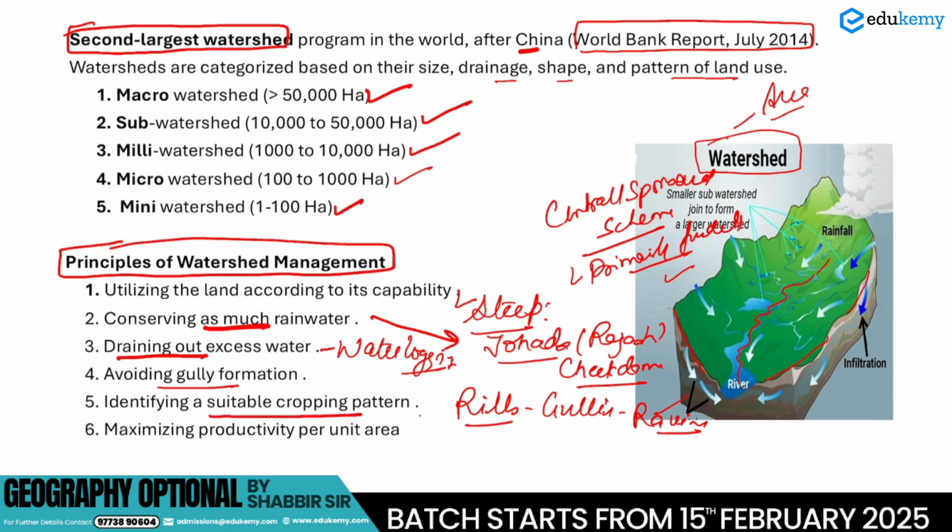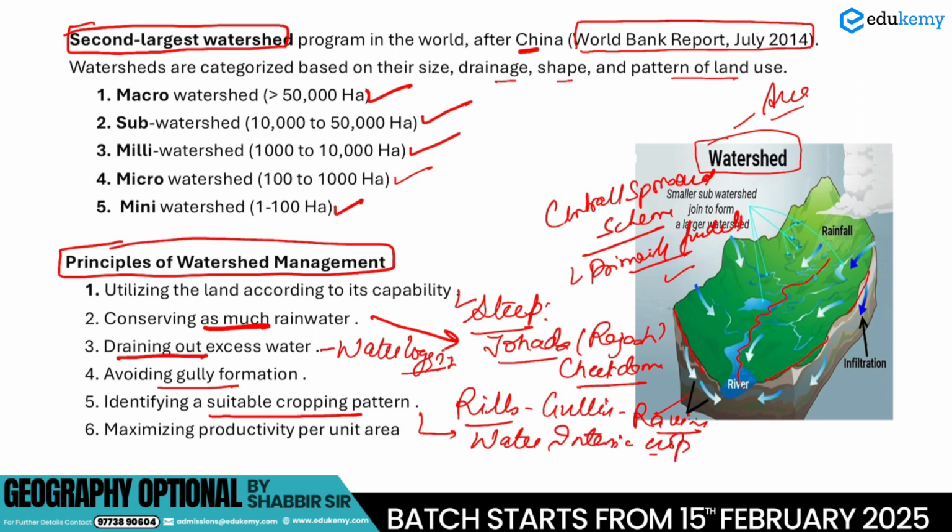We need to identify a suitable cropping pattern. Cropping pattern is another important point, because even if you have a lot of water available, if your cropping pattern is not suitable, that can turn out to be very problematic. Like in many areas, despite the scarcity of water, water intensive crops have been grown.